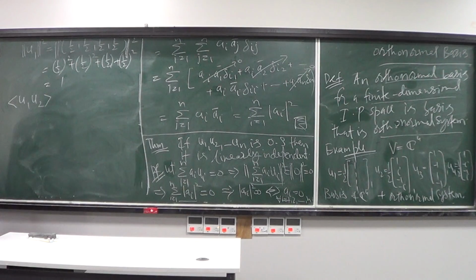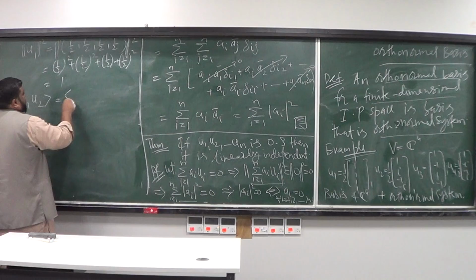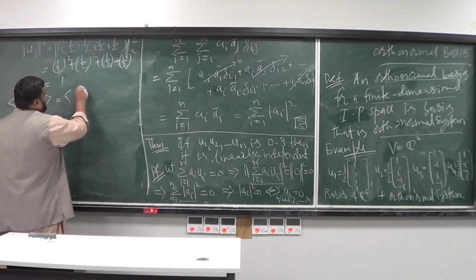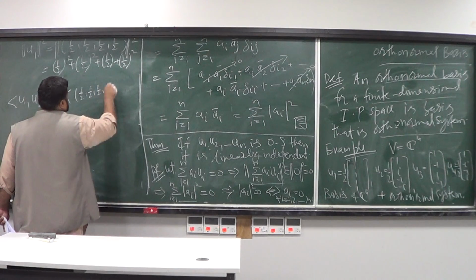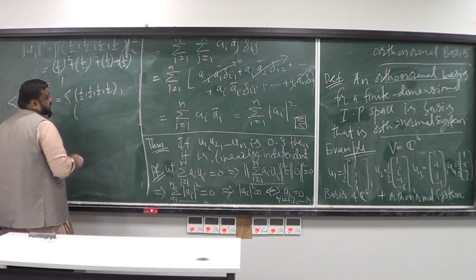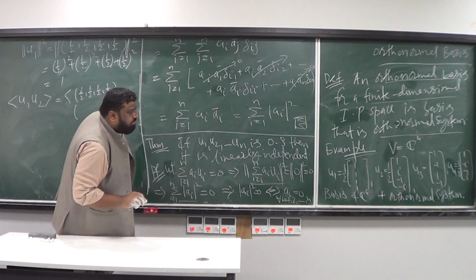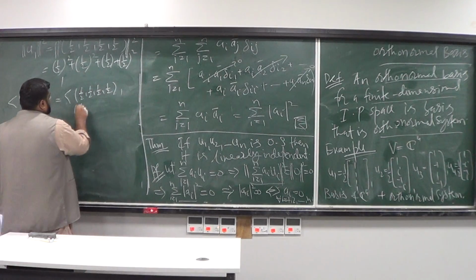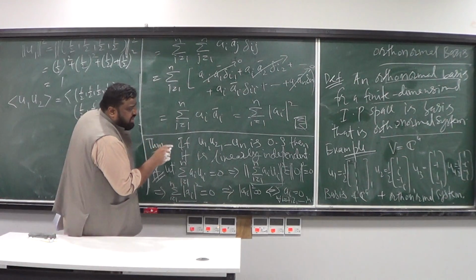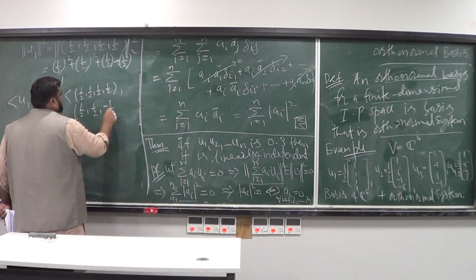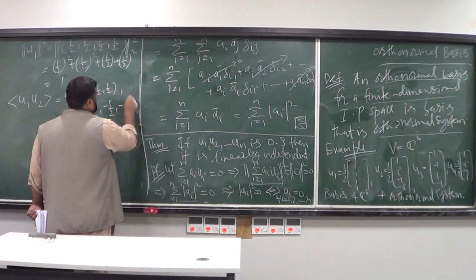the u2, okay, then by the definition that I just mentioned, you have the vectors 1 over 2, 1 over 2, 1 over 2, and 1 over 2, and its product with, say, 1 over 2, iota by 2, minus 1 by 2, and minus iota by 2.